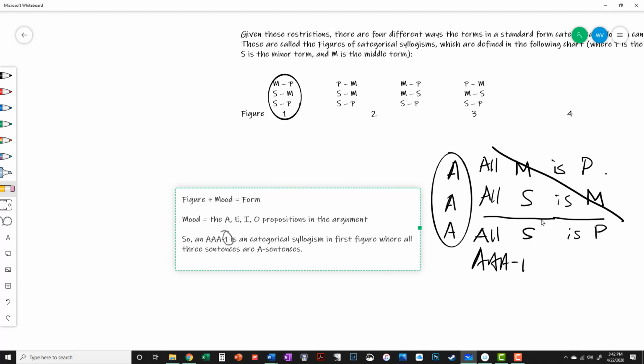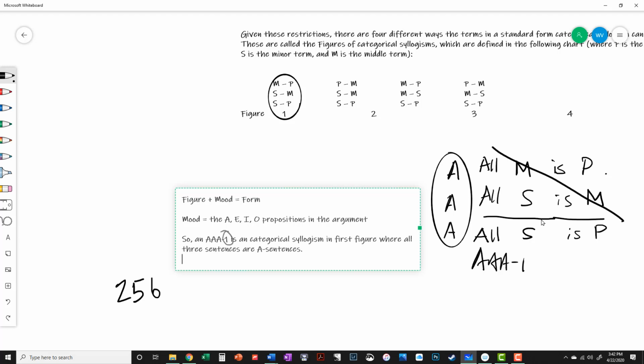Now, it turns out that when you do all the math on this, if you combine all the different possible moods like AIO, OEA, and so on, and you think of doing one of the moods in each of the four figures, you end up with a total of 256 possible categorical syllogisms, or at least forms.